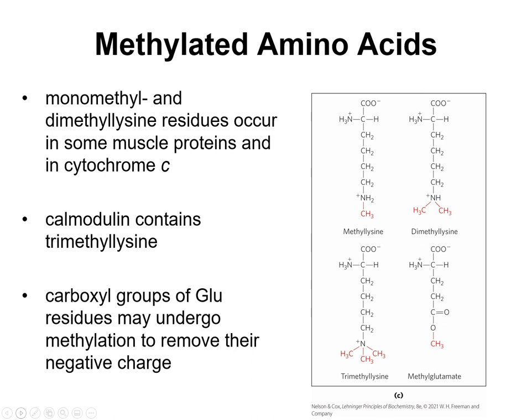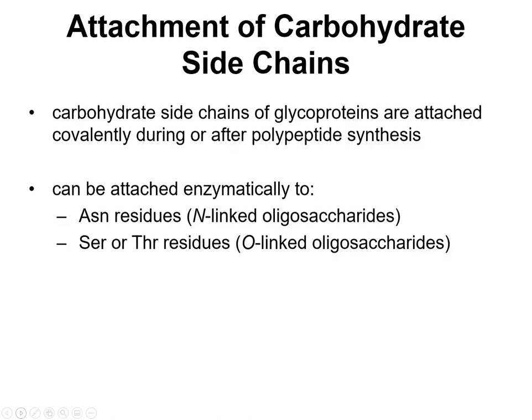So the carboxyl groups of glutamate can undergo methylation, and that will remove their charge. You can also attach carbohydrate side chains, and this is a big one. Your cells are coated in proteins, and a lot of those proteins out there in the extracellular space have carbohydrates on them, and those are called glycoproteins.